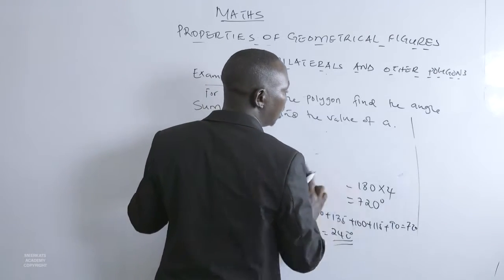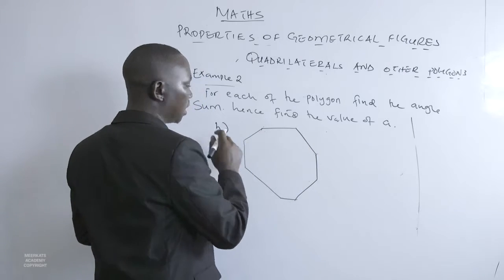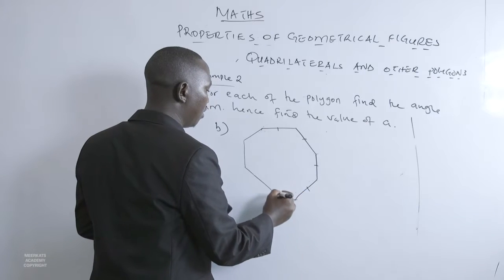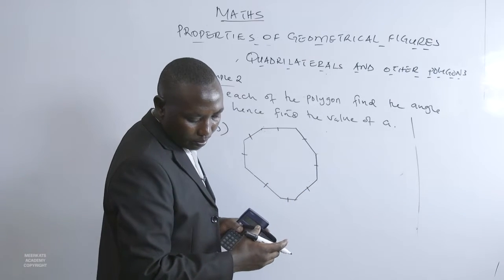Part B of the same question. We have a regular polygon where all sides are equal.